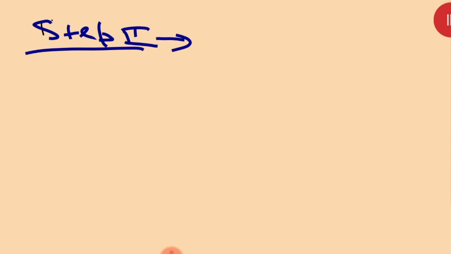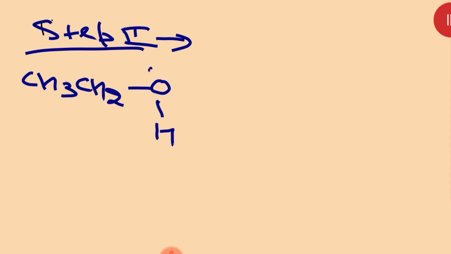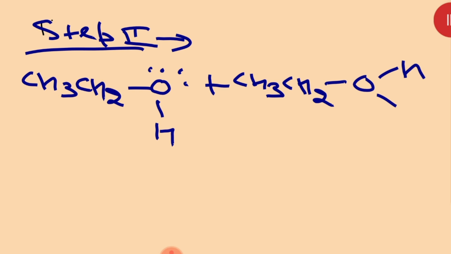Okay, then what is going to happen over there? CH3CH2OH, then plus CH3CH2. This is the protonated alcohol what we have made from there.